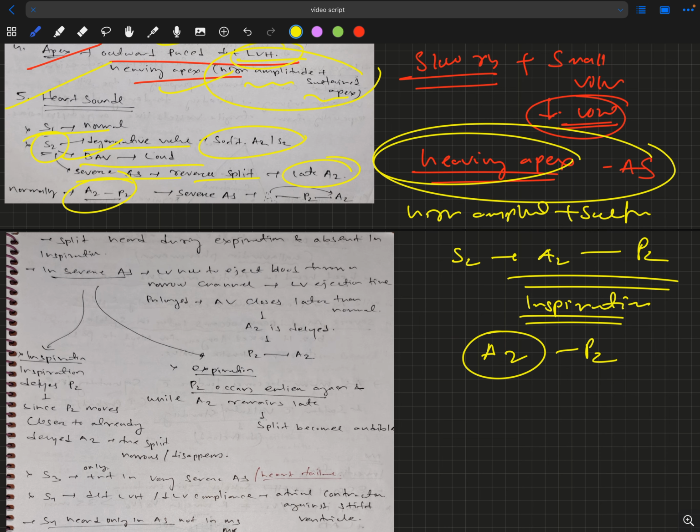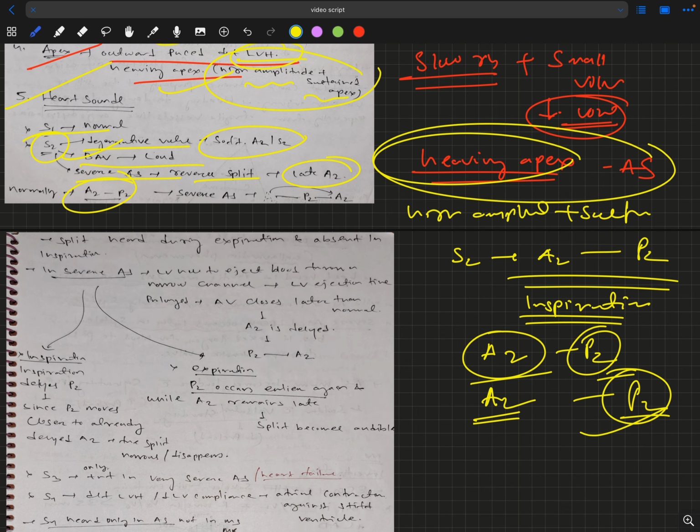A2, the aortic valve, closes earlier than P2 because it ejects the blood in less time. During inspiration, more blood is coming to the right ventricle, so it will take more time to eject. That's why A2 occurs earlier and P2 occurs later. So during inspiration, A2 occurs earlier and P2 occurs later.